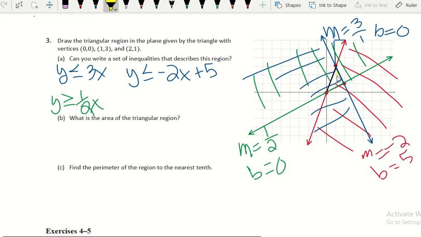And right now, we're basically going to talk about how to find the perimeter and area of this little triangular region here. So the easiest way to do the area is just to encase this in a rectangle. So if you go all the way around and through each of the vertices, you draw yourself a straight line going across so that you can create a rectangle around the shape, then what we're essentially going to do is find the area of the rectangle and take away the area of these three triangles.